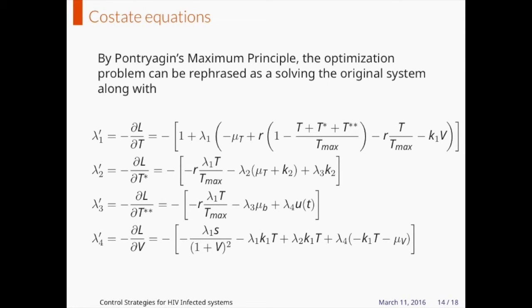While it will not be discussed in much detail here, this optimization problem can be rephrased as solving a coupled system of 8 differential equations, including the 4 state equations of our system and the 4 equations shown here. We can think of this as a boundary value problem, which we solve numerically in MATLAB.